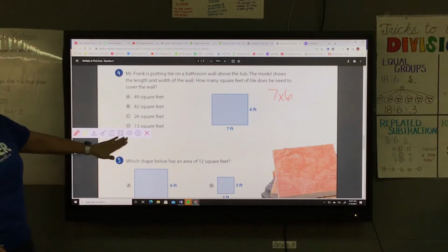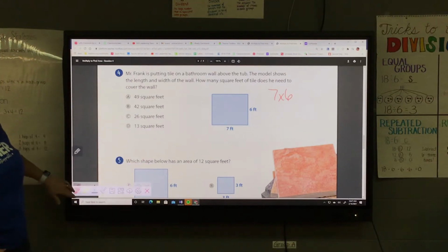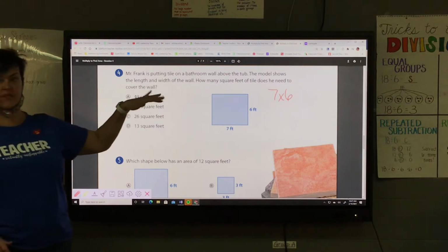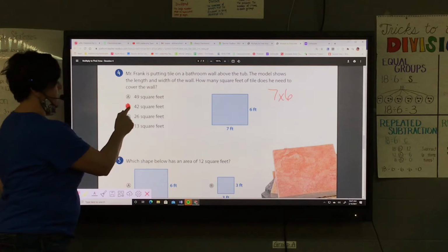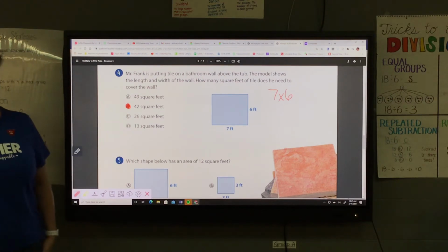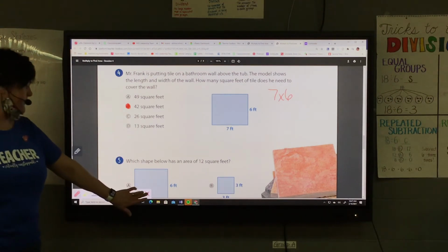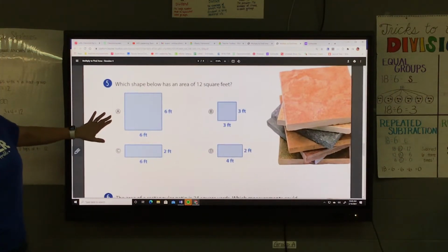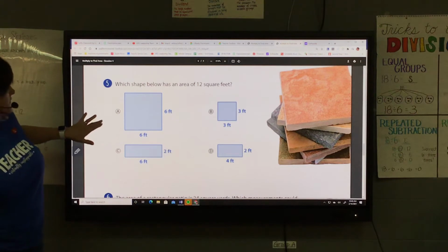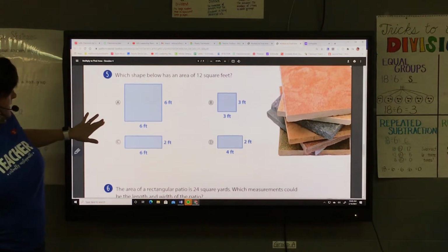Is that one of the answer choices? Yes. 42 square feet? Okay, so I need to choose that one, don't I? Make sure you are still studying your multiplication flashcards at home.